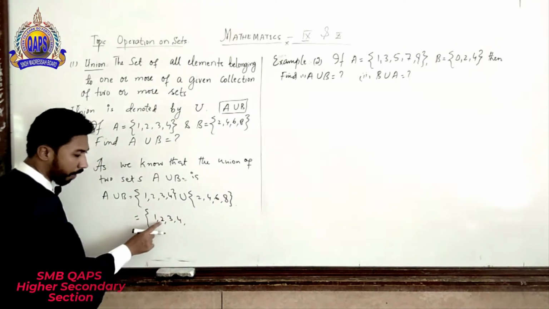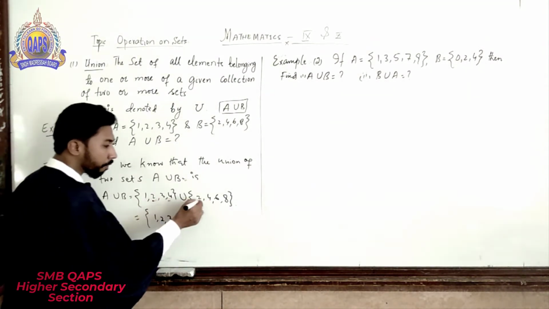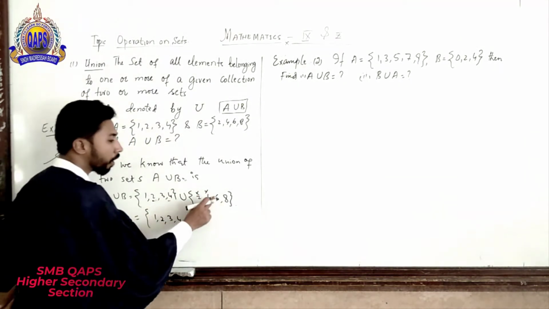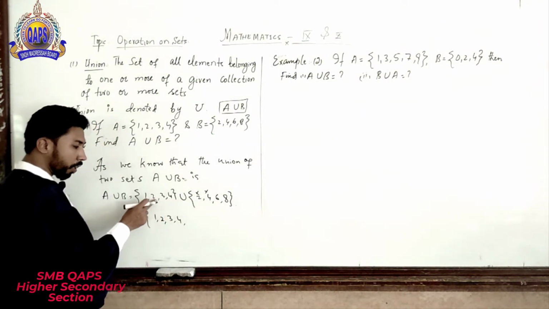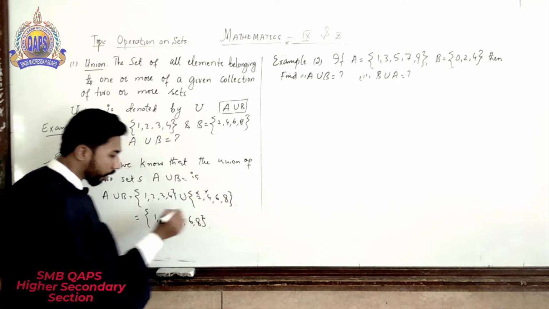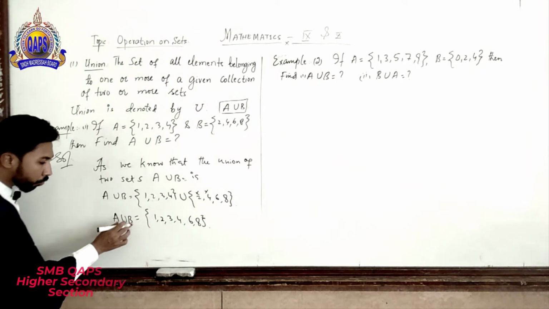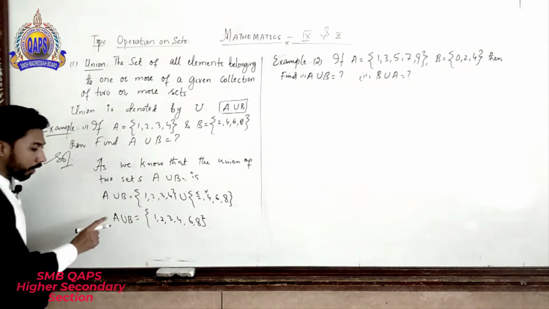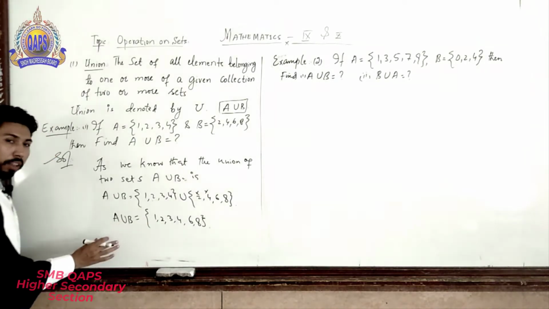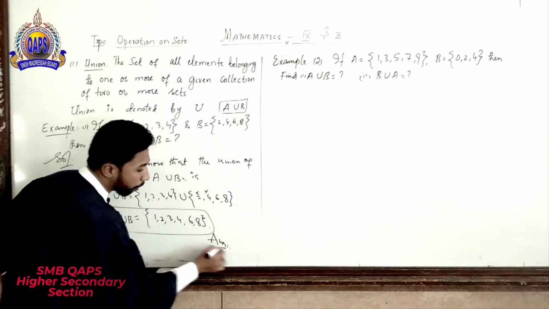So 2 is already shown and 4 is already shown, so we leave these two elements of set B. Then 6 and 8 do not belong to set A, so these two elements are written. So this set represents the union of the two sets. Then A union B is equal to 1 to 8 elements, and this is our answer.